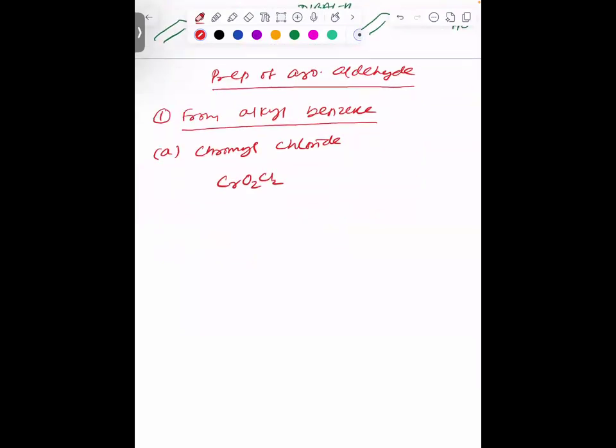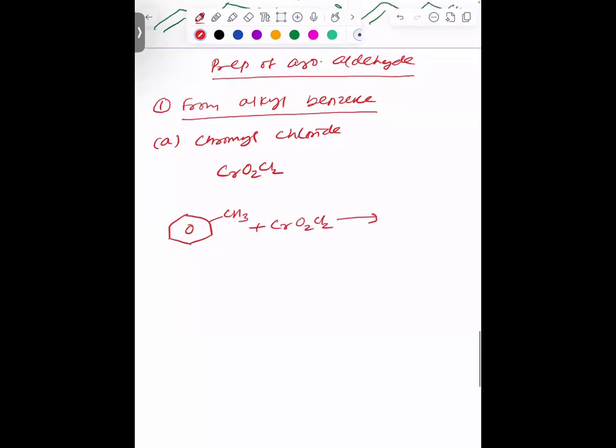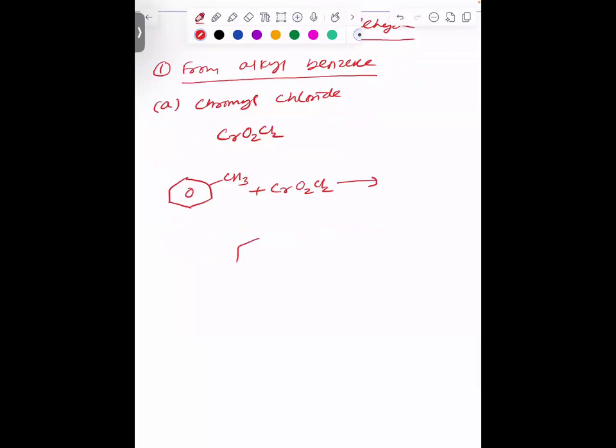So when alkyl benzene or toluene is treated with chromyl chloride, it will make the intermediate chromium complex.